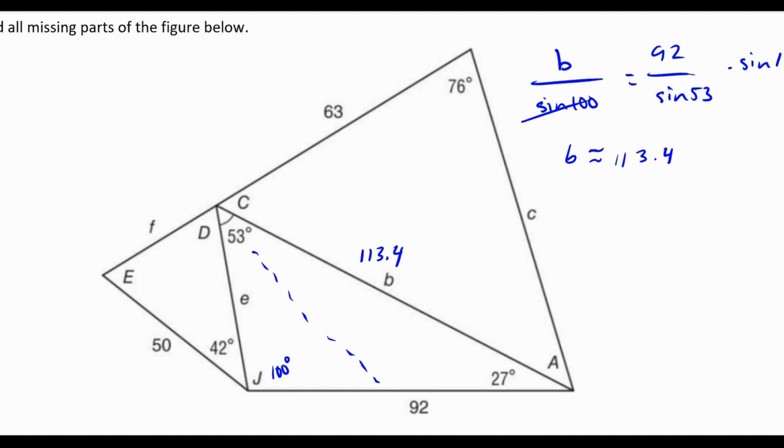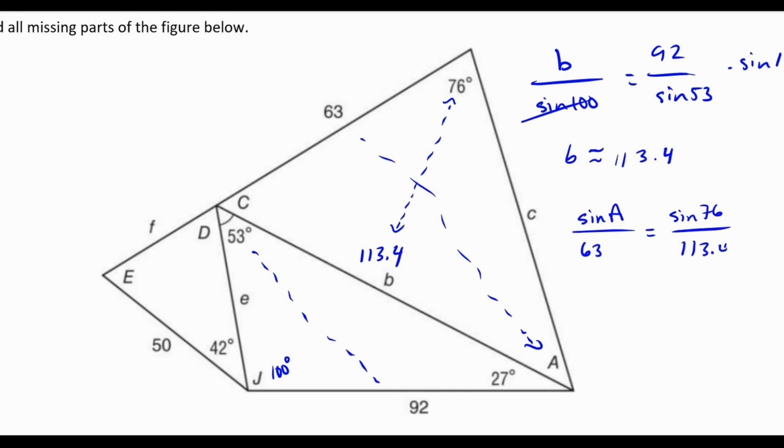Now going from that, I notice here that I have a side angle pair right here. And if I want to find angle A, I could use the law of sines again with that side angle pair. So we'll do that real quick. Angle A would be sine of A over 63 equals sine of 76 over 113.4. So multiply both sides by 63.